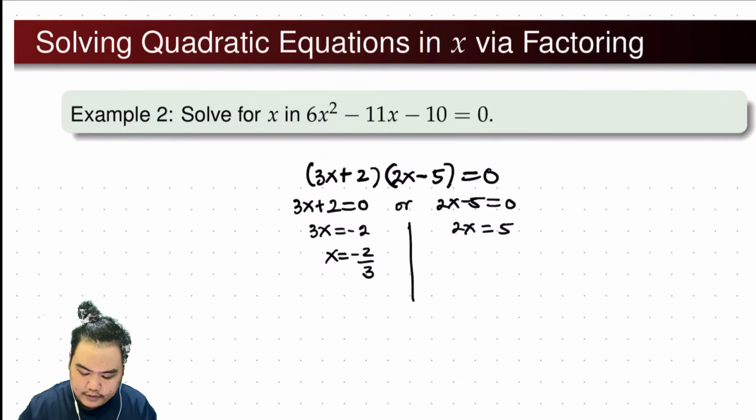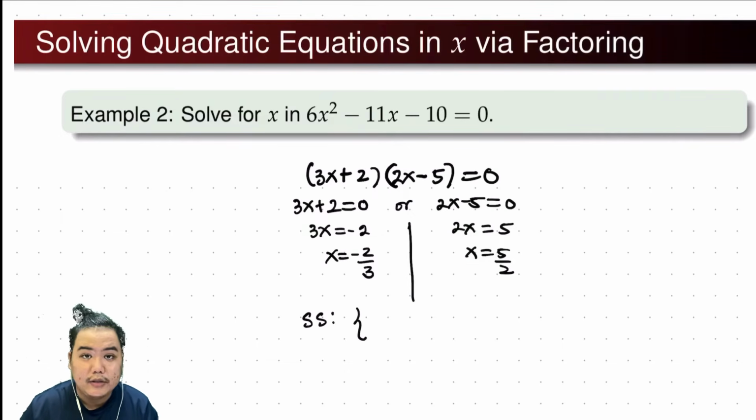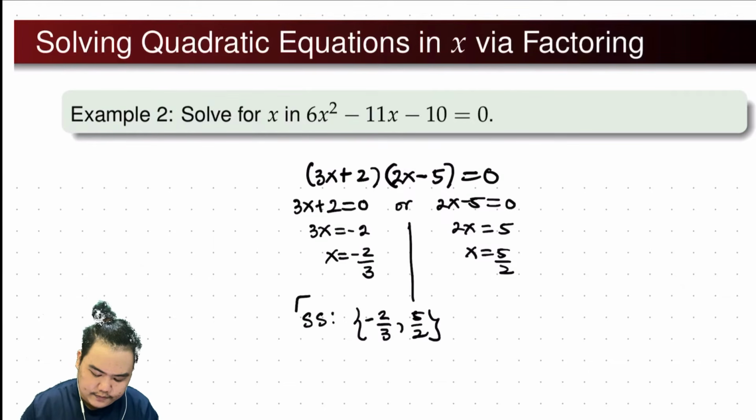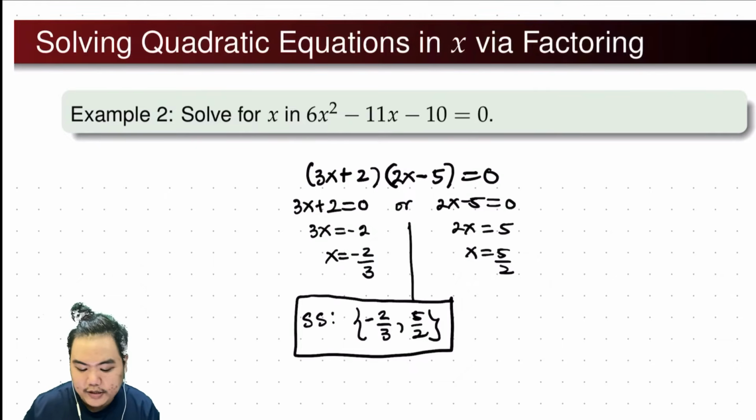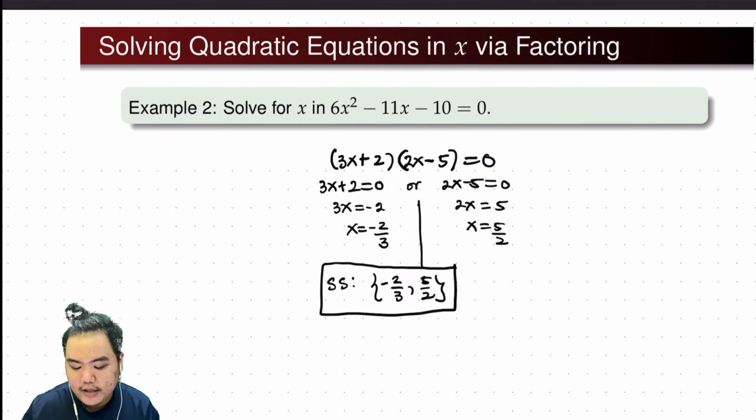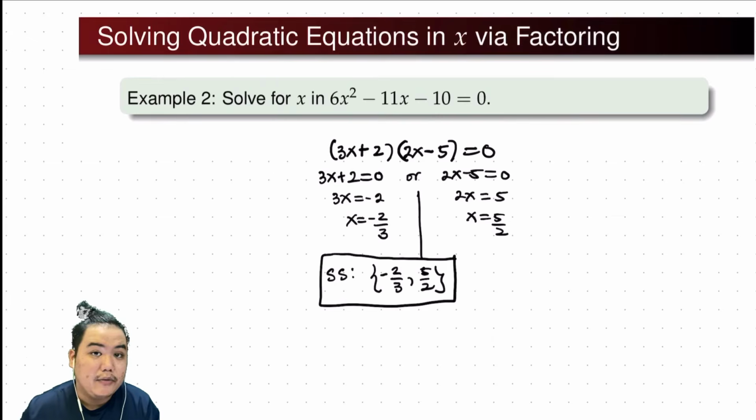And then, divide both sides by 2, you get 5 over 2. So, the solution set is the set containing negative 2/3, 5/2. Yan. So, yan yung solving quadratic equation in x via factoring.